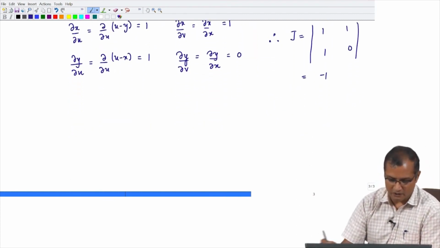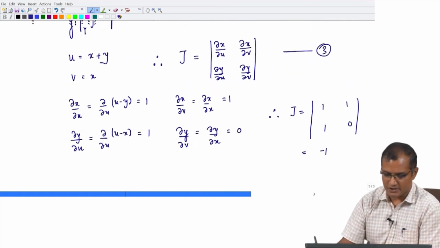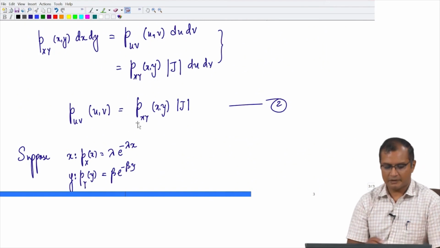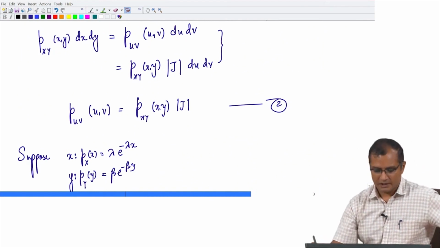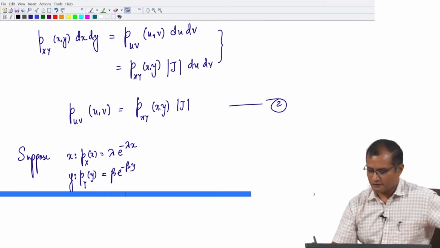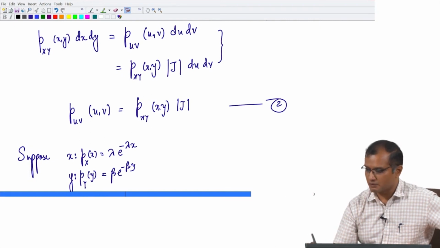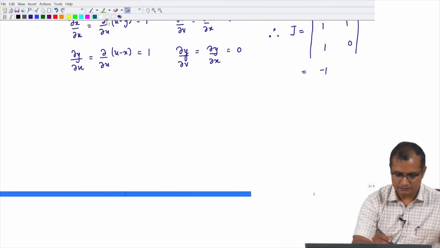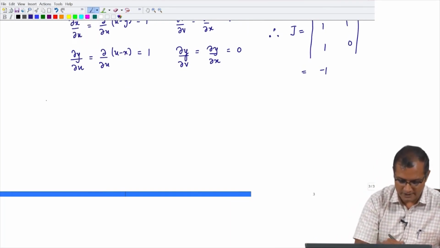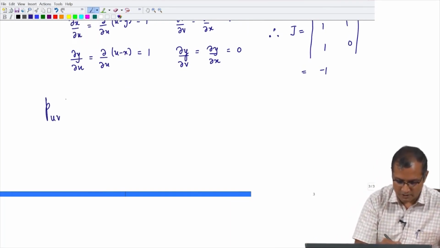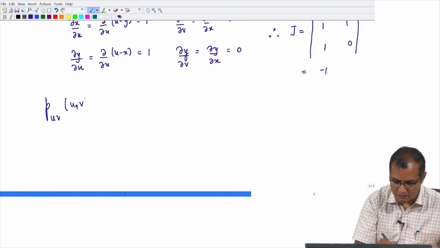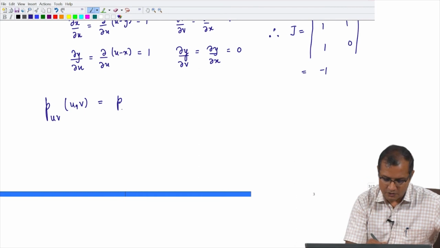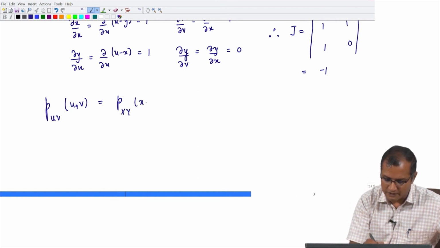So, then we can write down from our relationship here that p(u, v) is equal to mod of minus 1, which is just 1. So, basically from equation 2 I can write down very easily that my joint distribution of u comma v is given by the joint distribution of x comma y.